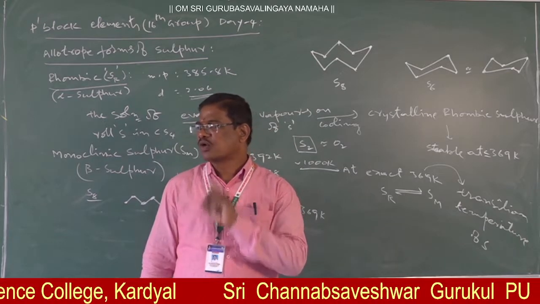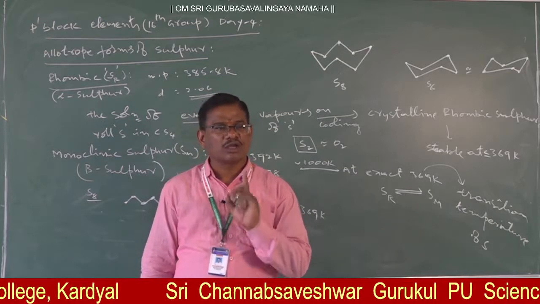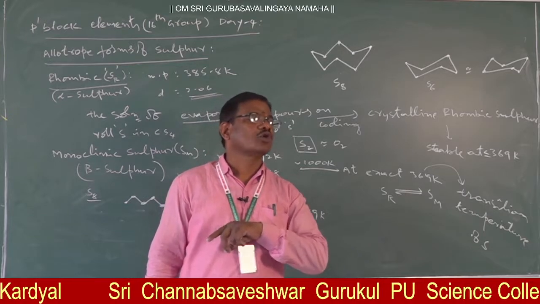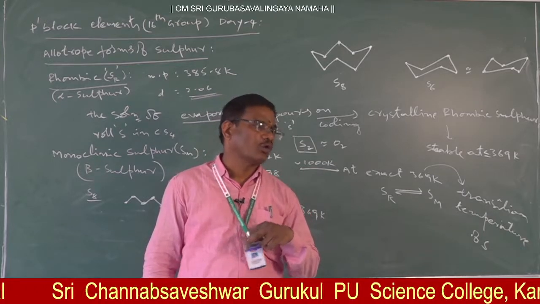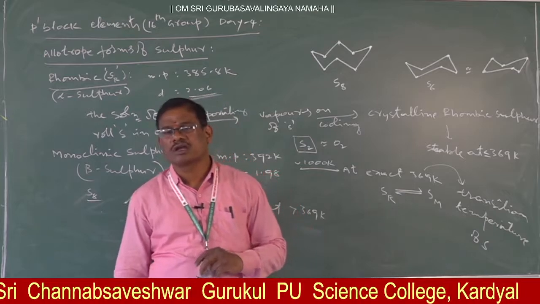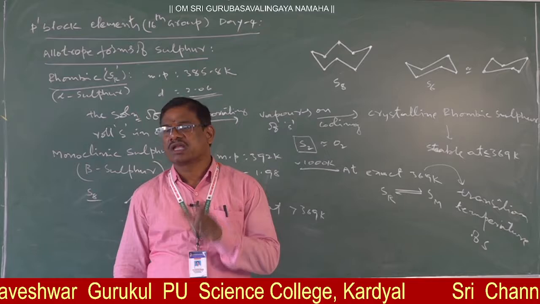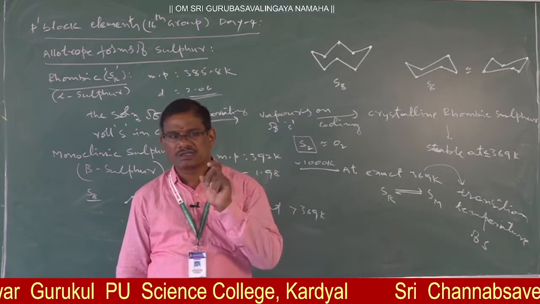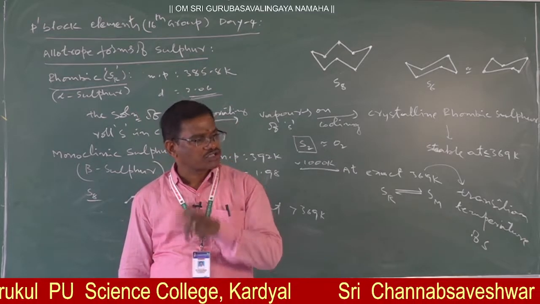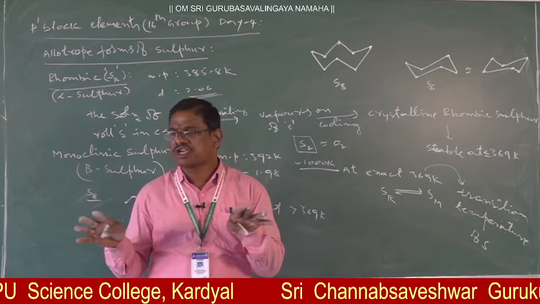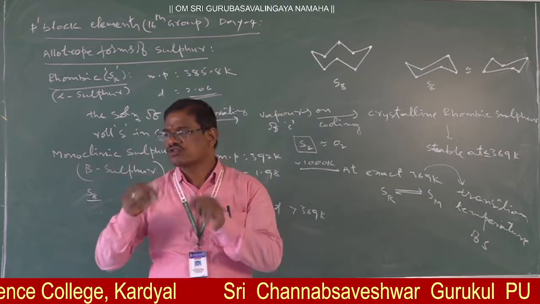Similarly, monoclinic sulfur is also readily soluble in carbon disulfide, and it is prepared from rhombic sulfur only. For this monoclinic or beta sulfur, the molten form of rhombic sulfur is taken in a dish and allowed to stay some time and undergo solidification, during which we have to make two holes.